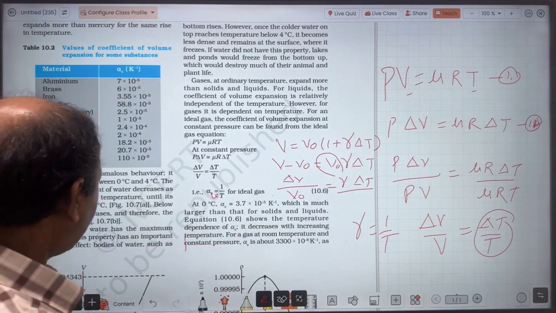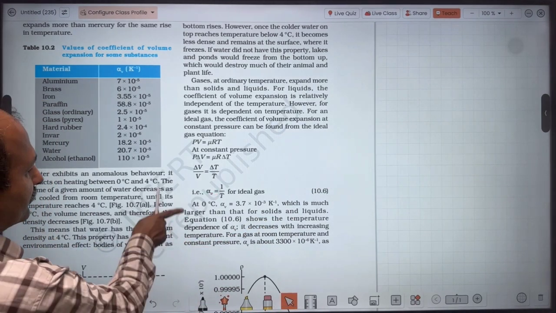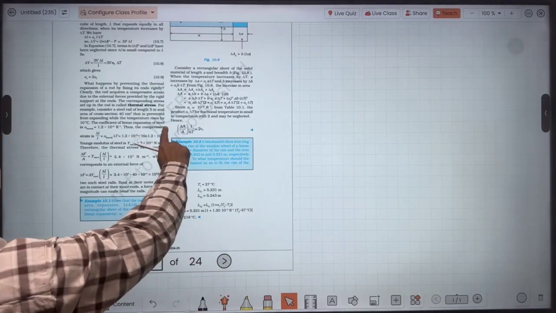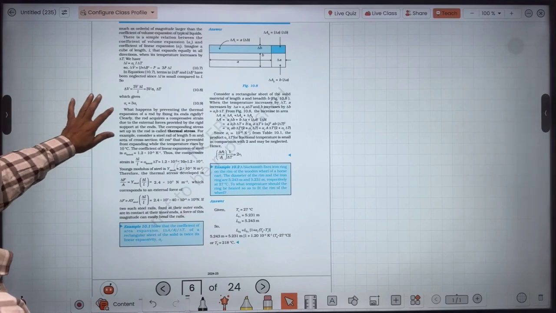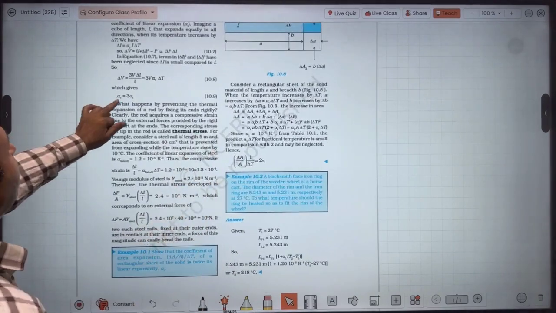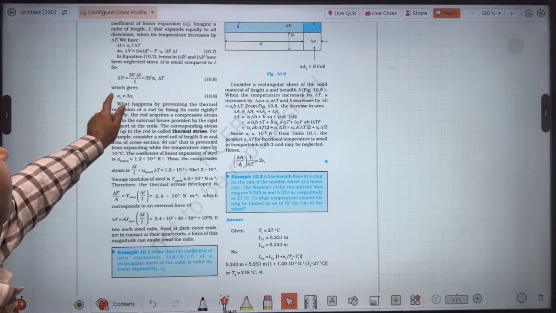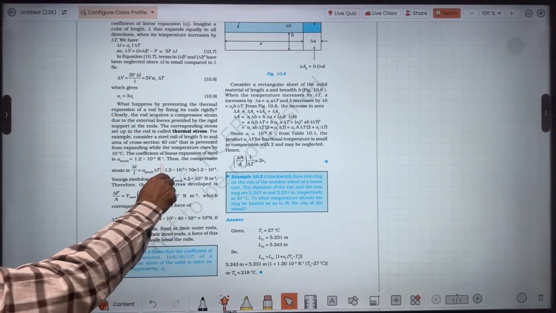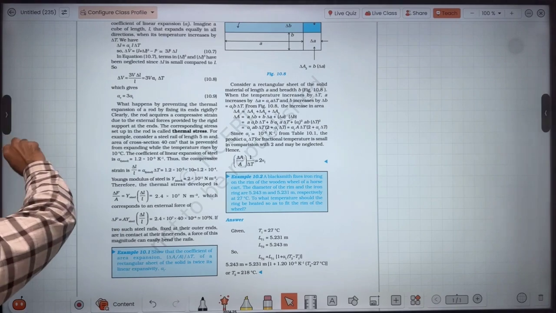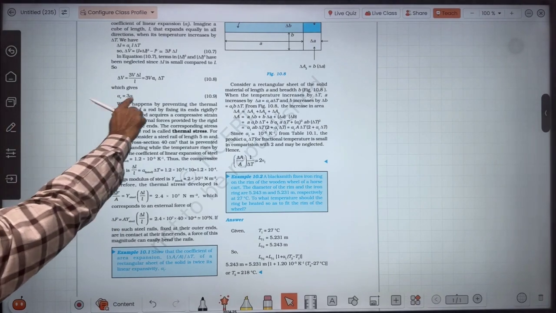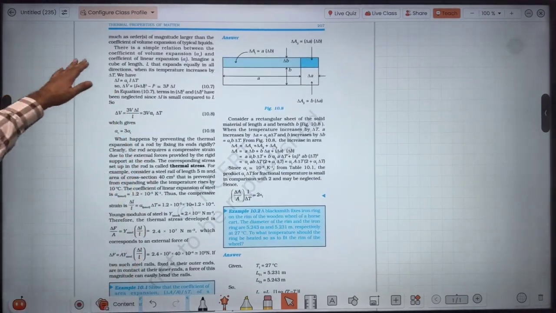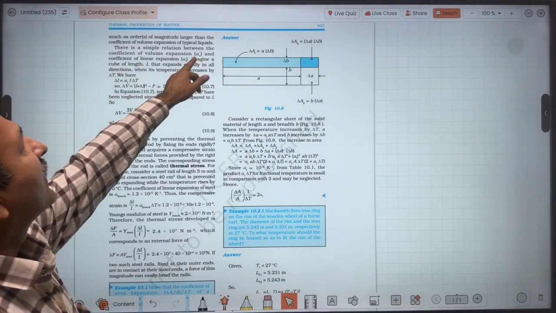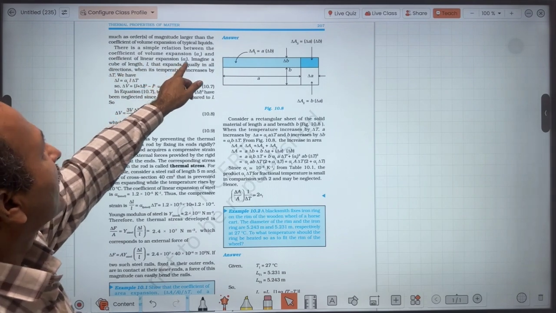And here you have seen the graph. Here those relations are given, as I told you the first one linear expansion coefficient was taken, then volumetric. If you wish, I can tell you this also in simple terms. There is a simple relation between the coefficient of volume expansion gamma, or alpha V, and the coefficient of linear expansion alpha.